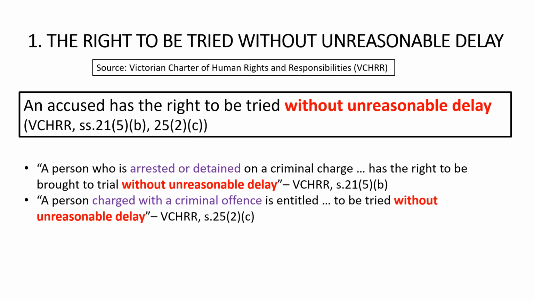This right is actually contained in 2 sections of the Victorian Charter of Human Rights and Responsibilities, that is, in sections 21(5)(b) and 25(2)(c). Together, these sections provide that a person who has been arrested or charged for a criminal offence has the right to be brought to trial without unreasonable delay.